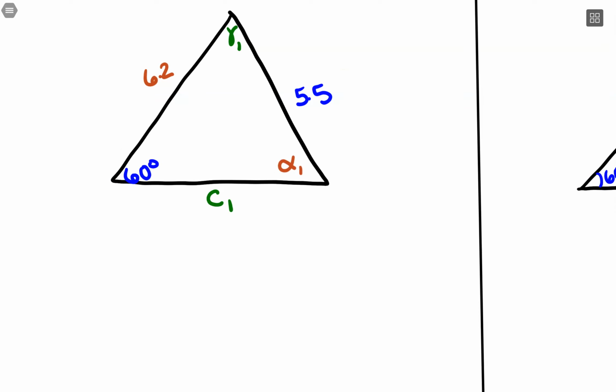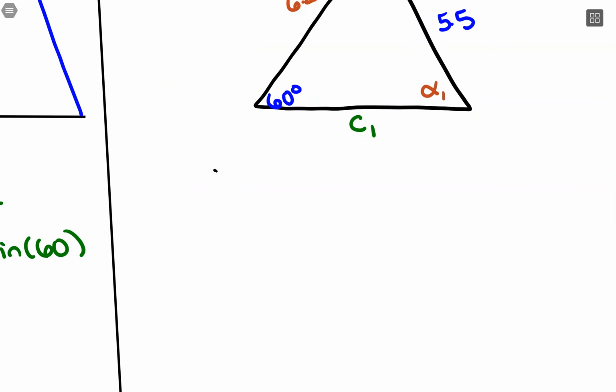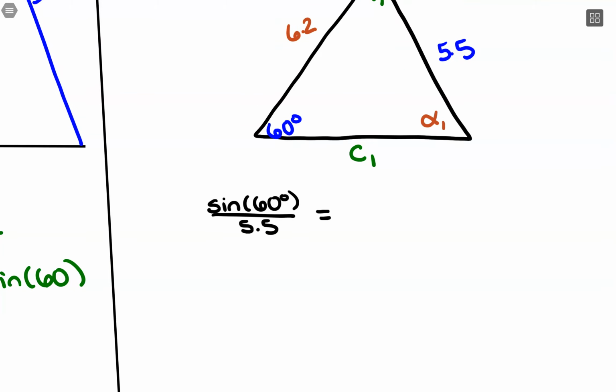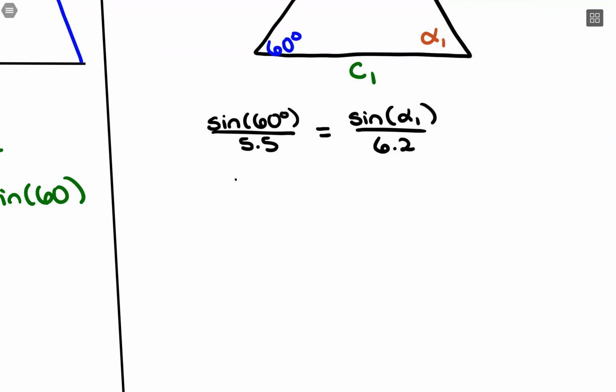So using law of sines, we have the 60 degrees and the 5.5. So if I take sine of 60 degrees compared to 5.5, that should be equal to, and then I'm going to use this pairing of alpha 1 with the 6.2. So sine of alpha 1 divided by 6.2, and then I'm going to solve.